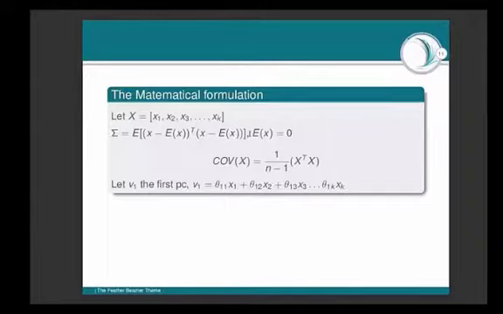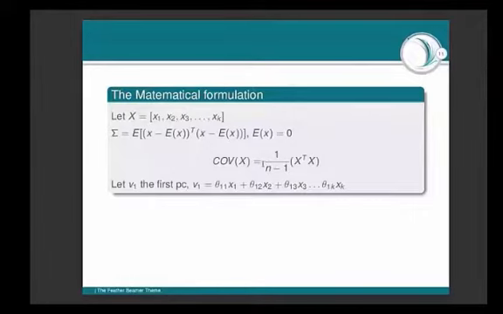If we have the expected value equal to 0, we can simplify the covariance of X like 1 over n minus 1 times X transpose times X. It is a matrix of k times k.